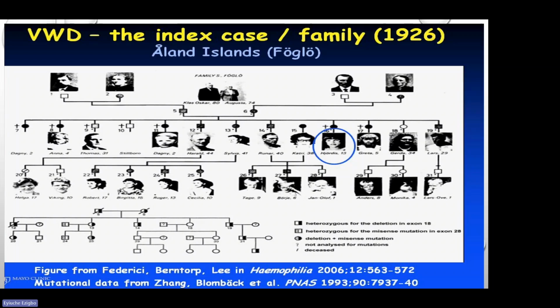They noted it, and with that, they started doing some further investigation, studying the family history. When they went back to study the family history of this index case, the girl that had a very severe menstrual bleeding, during her fourth menstrual cycle, the fourth time she was observing her menses, she died due to heavy bleeding.